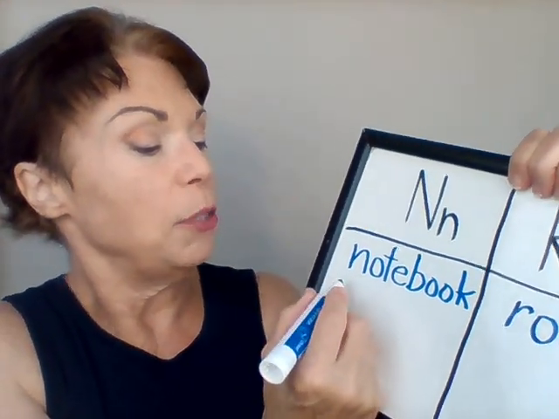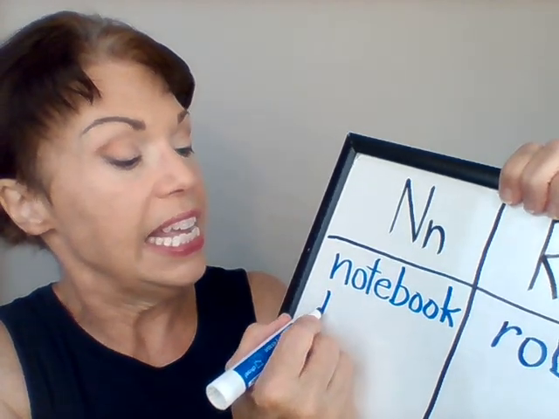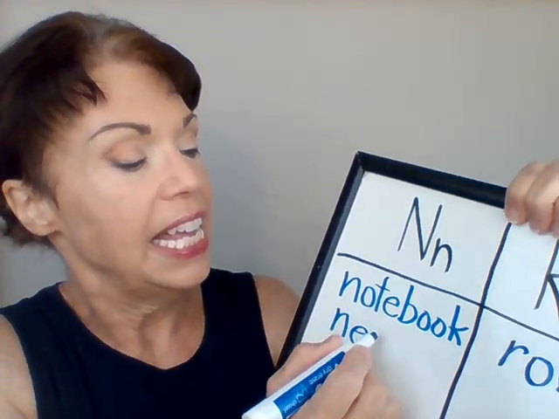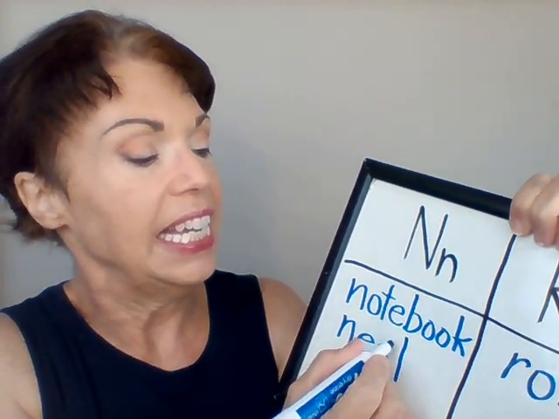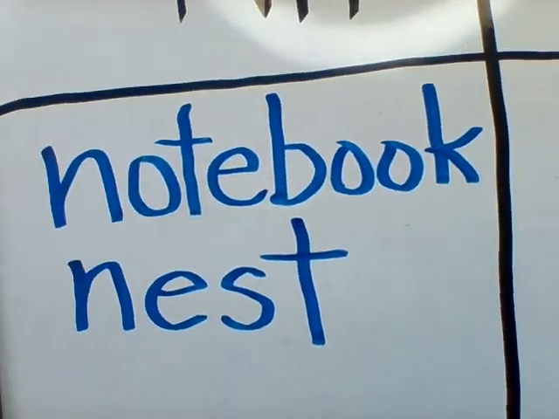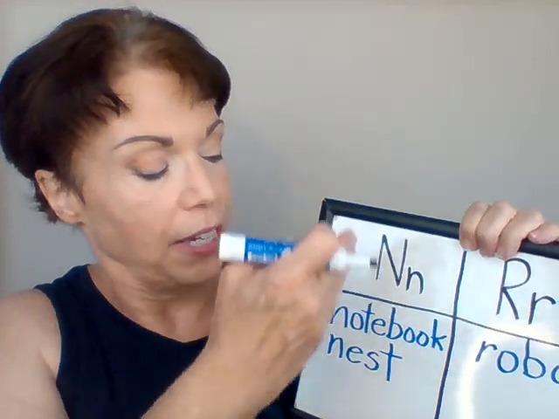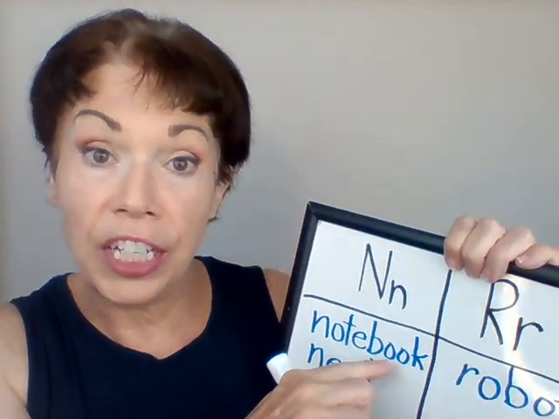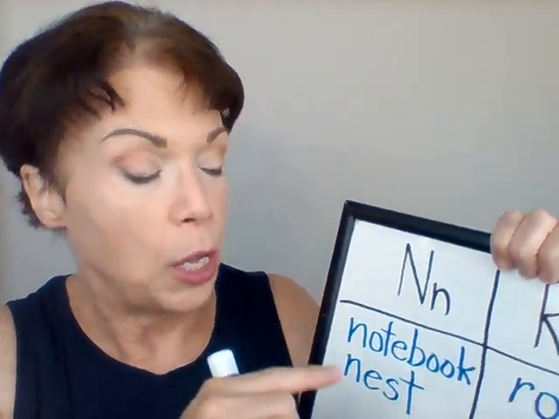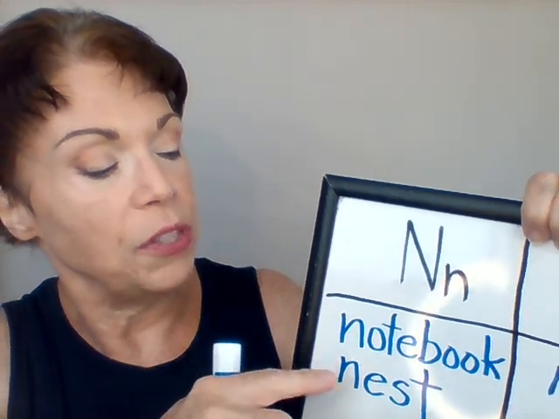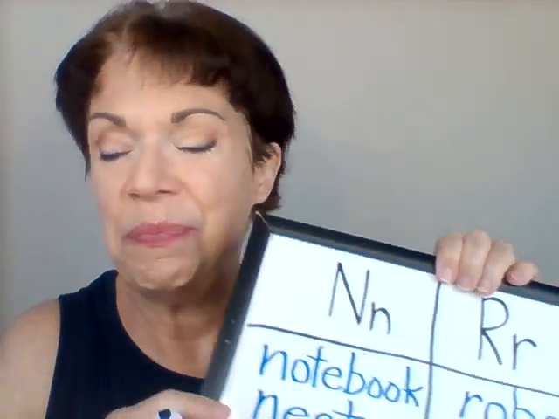N. That's right. Spell nest. Go. N-E-S-T. Nest. Now I have two N words on this side of my graph. I have notebook and nest. Both of them begin with the letter N sound.